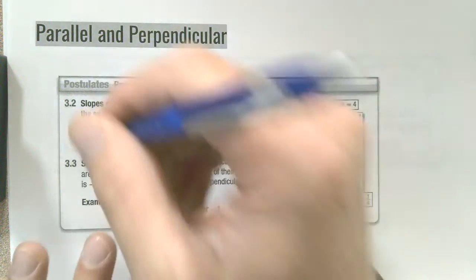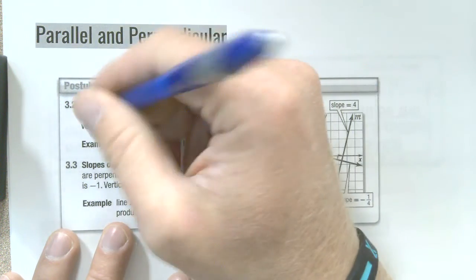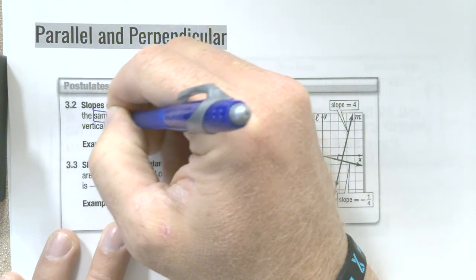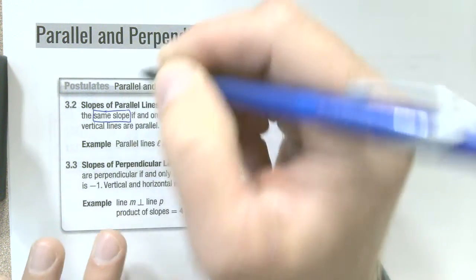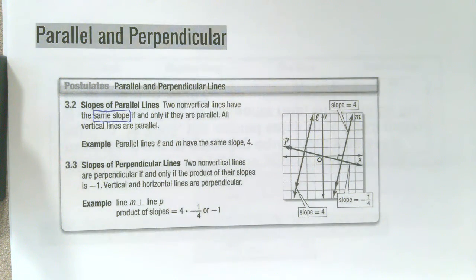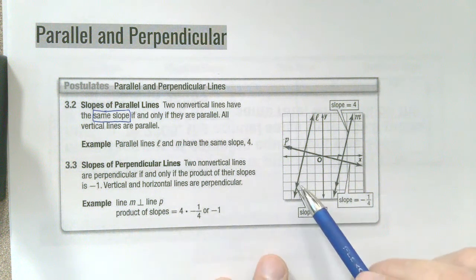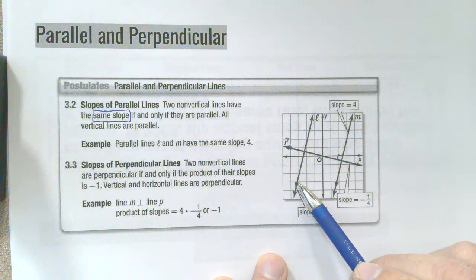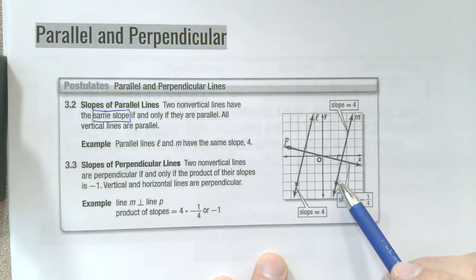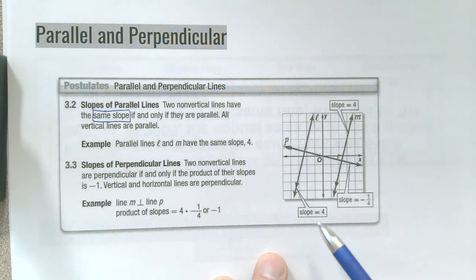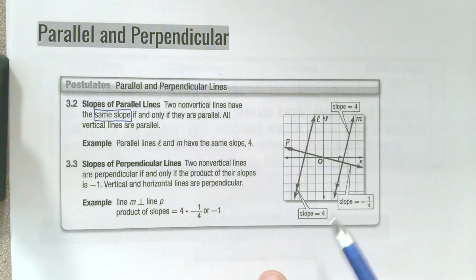If the slopes are the same, which I'm going to put a box around those words, same slope, then we know the two lines are parallel. So if you notice in your picture over here to the right, this line has a slope of 4, and this line has a slope of 4. So those two lines are not ever going to cross. They're going to be parallel.